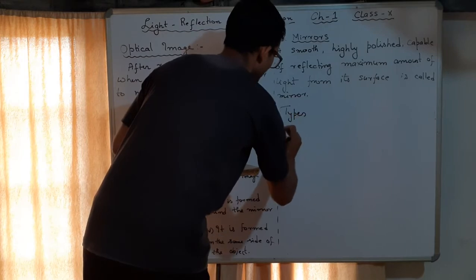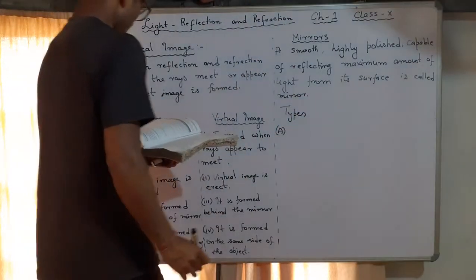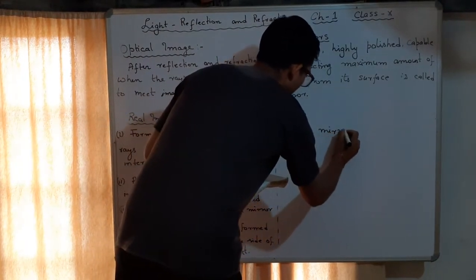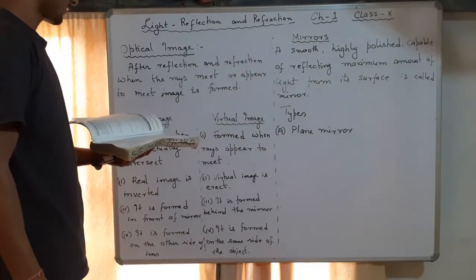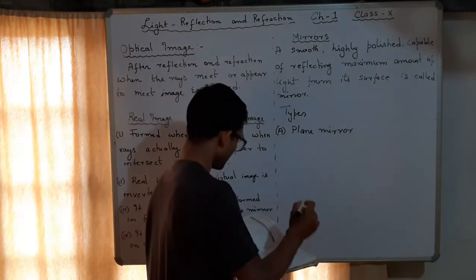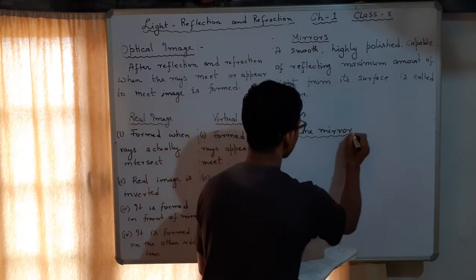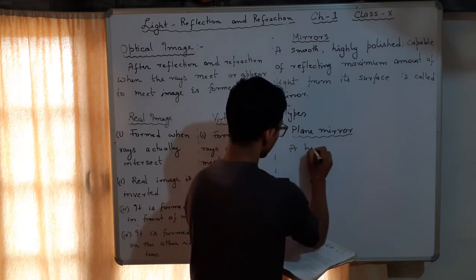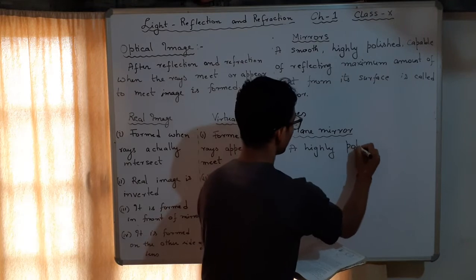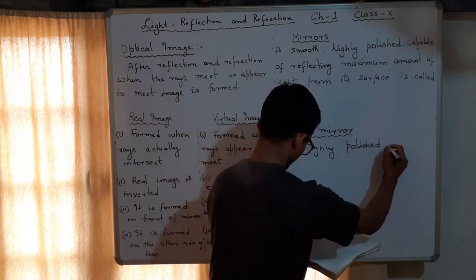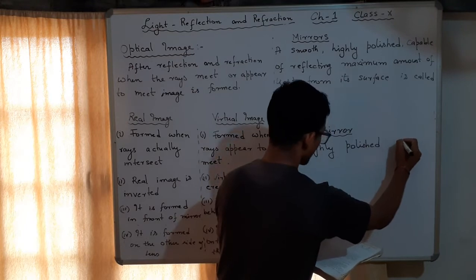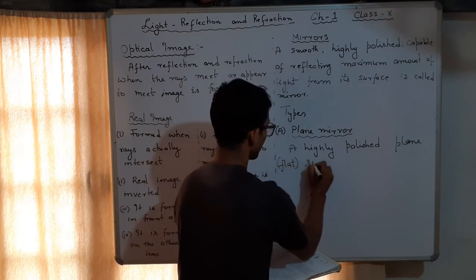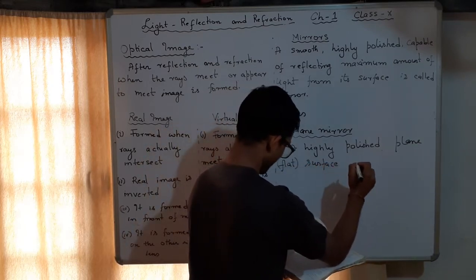Types. What are they? Number A, plain mirror. Plain mirror is the one you see daily. Plain mirror is a highly polished plain or flat surface.